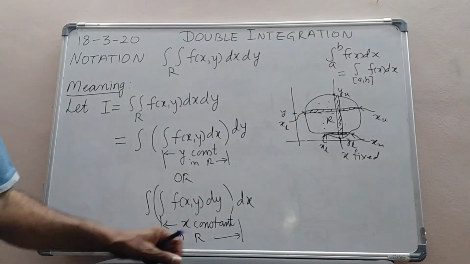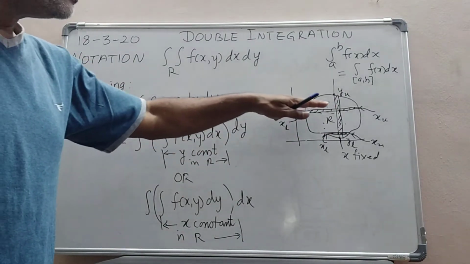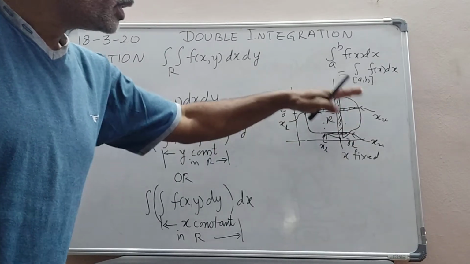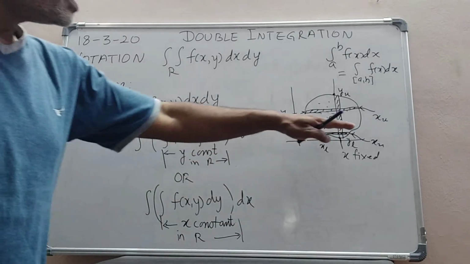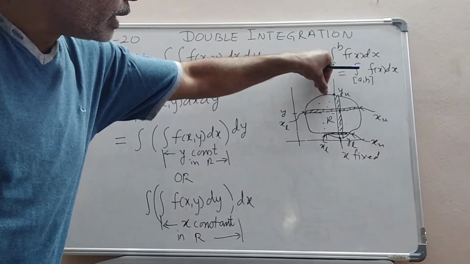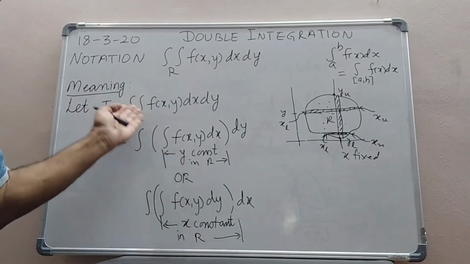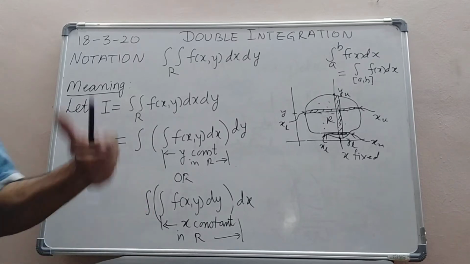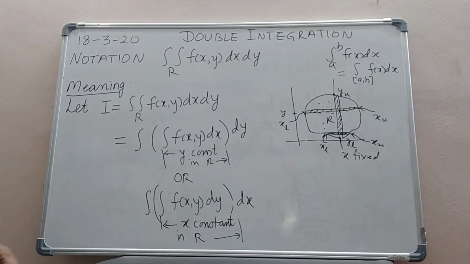So what you can do is you can fill this region R with thin strips of this kind, and the lowest level of this strip will correspond to the lowest point in this particular region R, and the highest level of the strip will correspond to the highest value of y in this particular region R. So this is what this symbol actually means. The actual evaluation will be shown with the help of an illustration, with the help of an example.